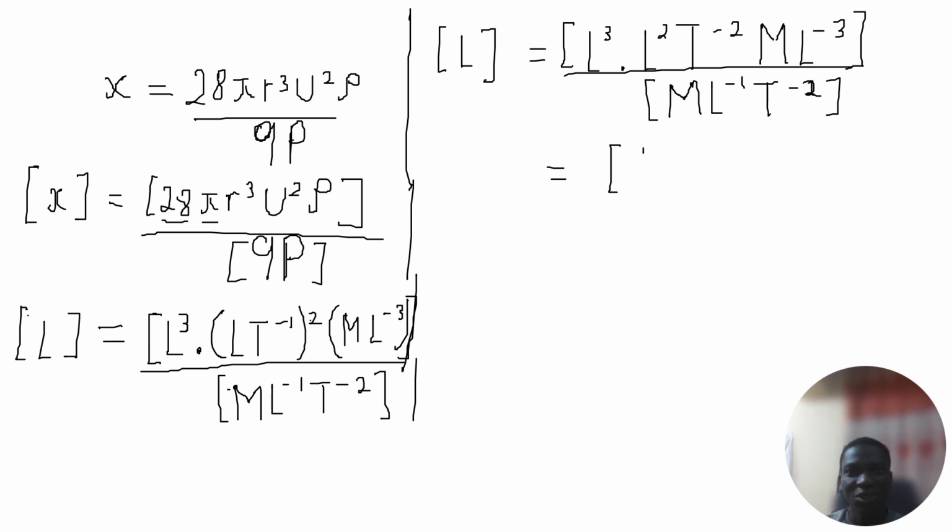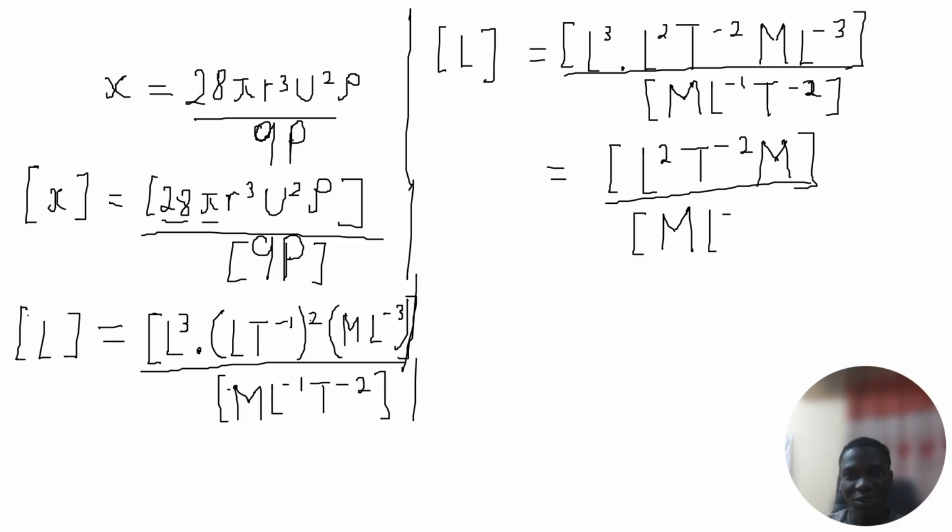That should give us L raised to the power 2 in total here, then T raised to the power minus 2, and there is M. Everything should be equal to M again, L raised to the power minus 1, then T raised to the power minus 2.